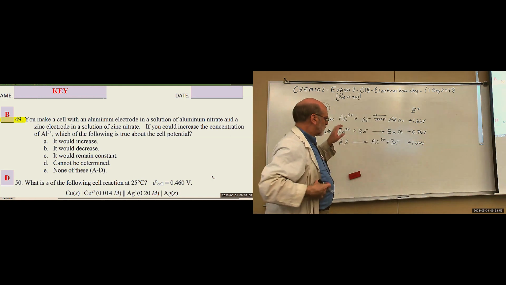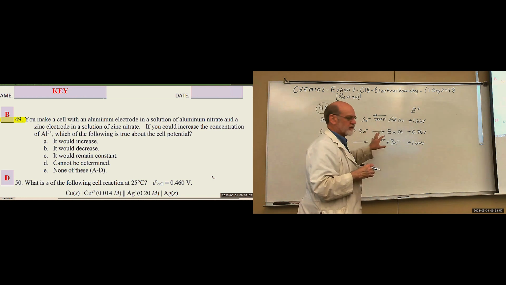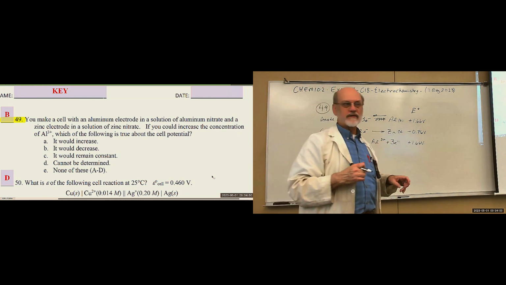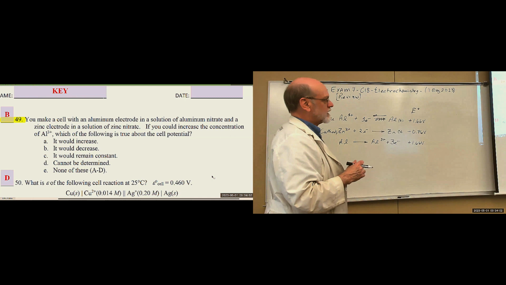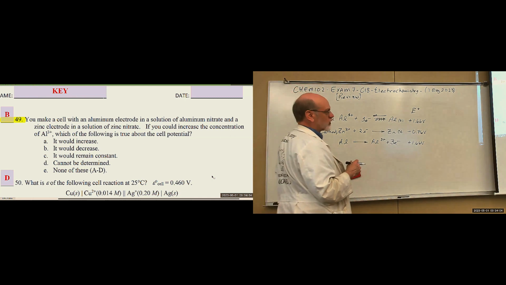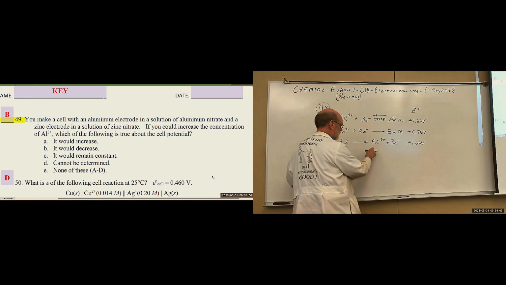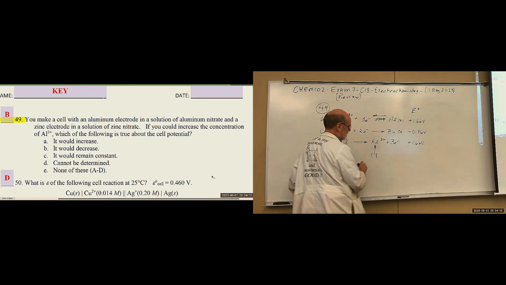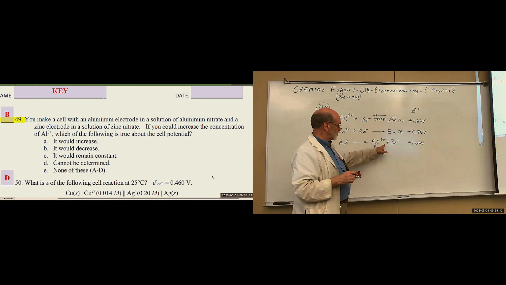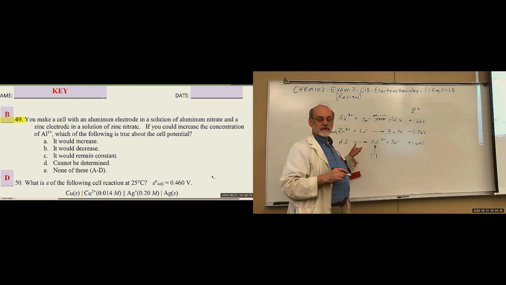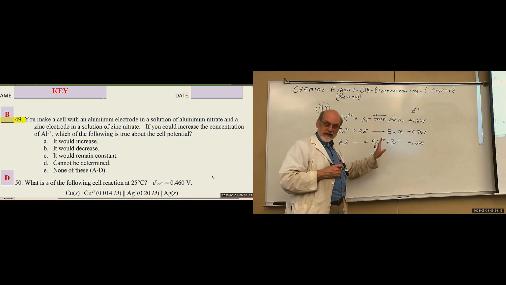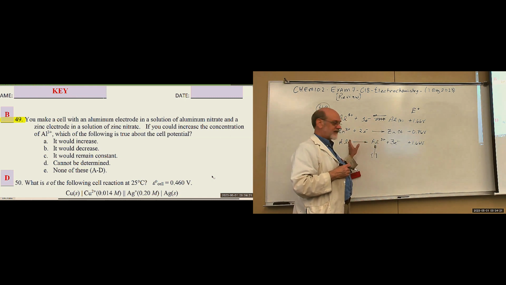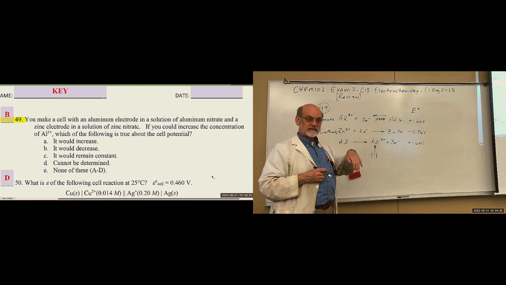Now we can approach this problem from Le Chatelier's point of view. What would happen if we increase the concentration of aluminum? Well, Le Chatelier says it's going to move back this way. Well, that's counter to the way we want it to move, right? The equilibrium is going to move toward reduction, and that runs counter to this oxidation. So the voltage is going to drop.